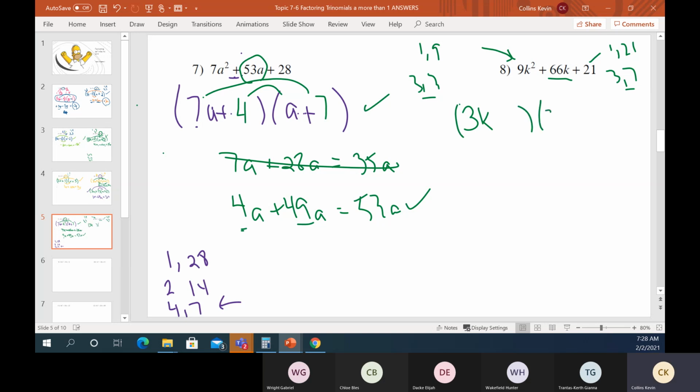There's 3K and 3K, right? Okay. And then we got our plus and plus. All right. And then let's try the 3 and the 7, right? So in this case, since they're both 3K, the order doesn't really matter. So let's see if that works.